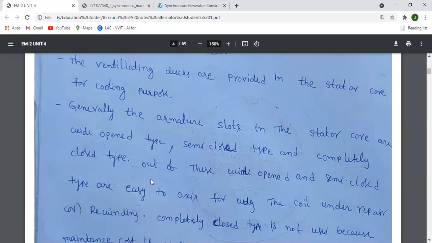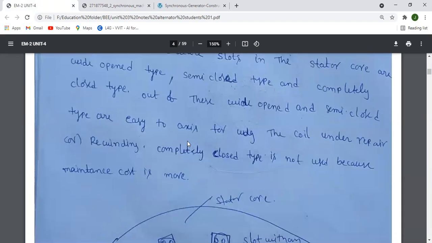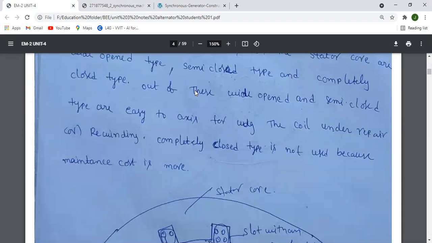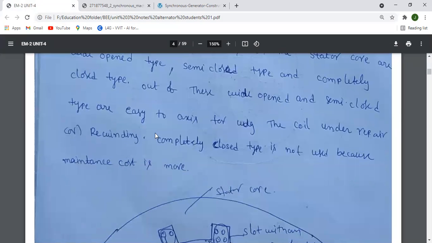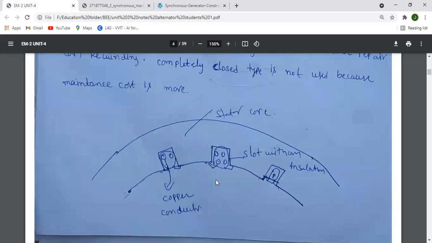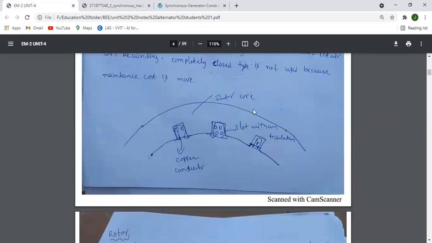Out of these, wide open and semi-closed types are easy to access for coils under repair or rewinding. The completely closed type is not used because maintenance cost is more. Here we see the stator core, the copper conductor, the slot, and the insulator.